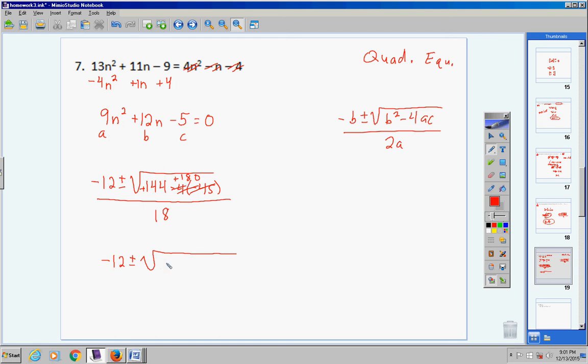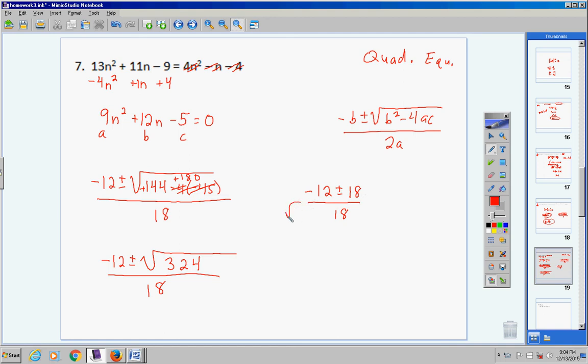It's going to give me a positive 324. Alright, and I think 324 is a perfect square. Let me type that into my calculator and see what I get. Alright, so the square root of 324. So let's see here, students, the square root of 324. Let's see if that's a perfect square. 18, yes. So now I have negative 12 plus minus 18 all over 18.